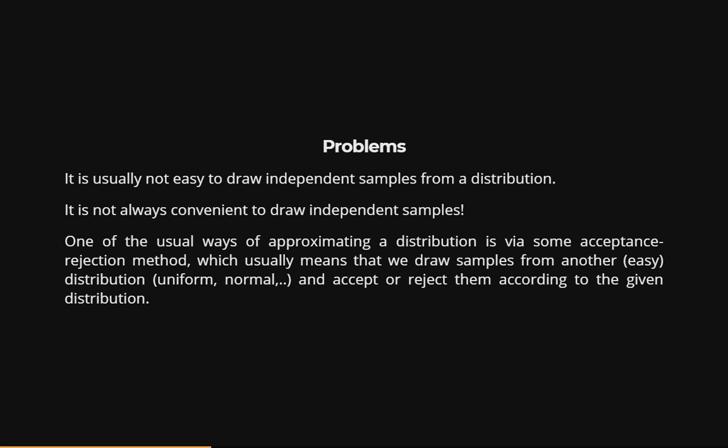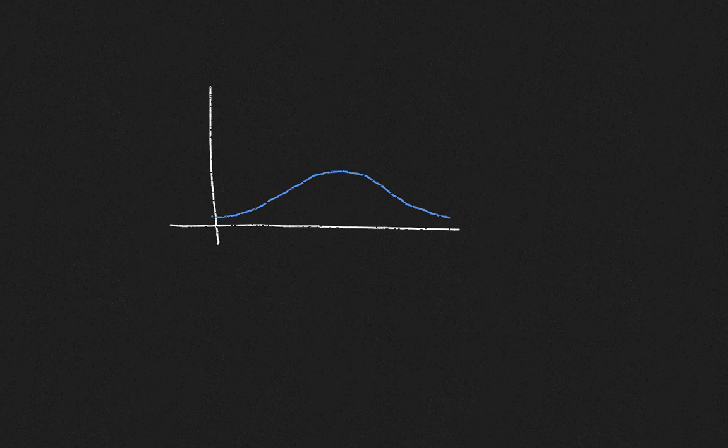I am being sloppy on purpose here, but the idea is that, let's say we have some density, something like this, on some interval 0, 1.